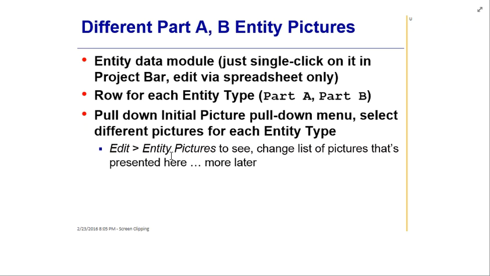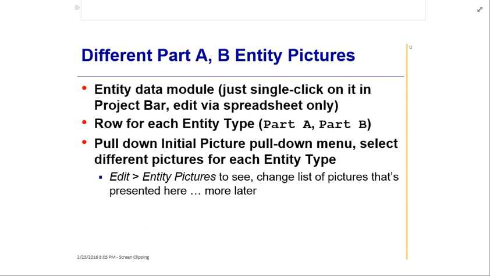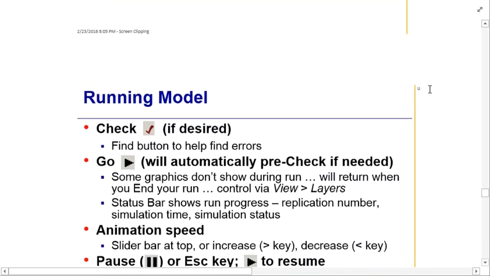I just use that entity because it allows me flexibility. Okay, so again, the entity pictures, I choose to use something simple. It's pretty difficult to get something that's going to really represent the part or the person or whatever that you're sending through the process. So just using something simple like a ball, changing its color, gives me the visibility that I need. So that tends to work pretty well.